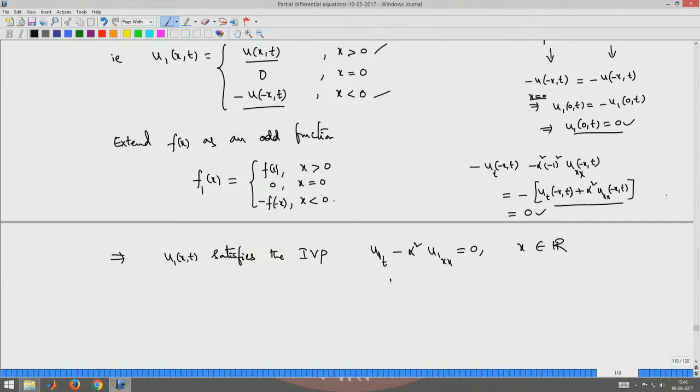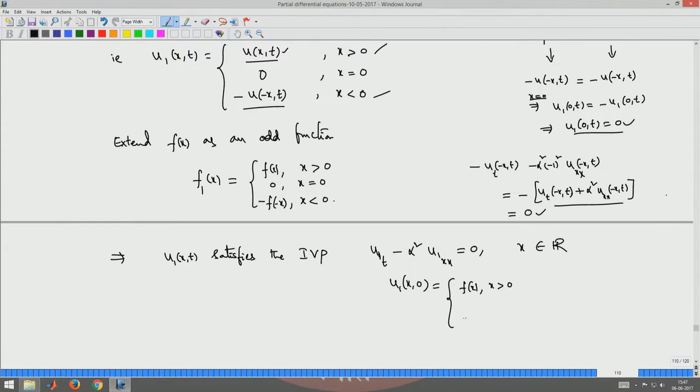And u1 at x,0 is nothing but f(x), and for negative x it is minus u of minus x,0. So, u1 at x,0 is u of x,0, that is f(x) when x is positive, okay.